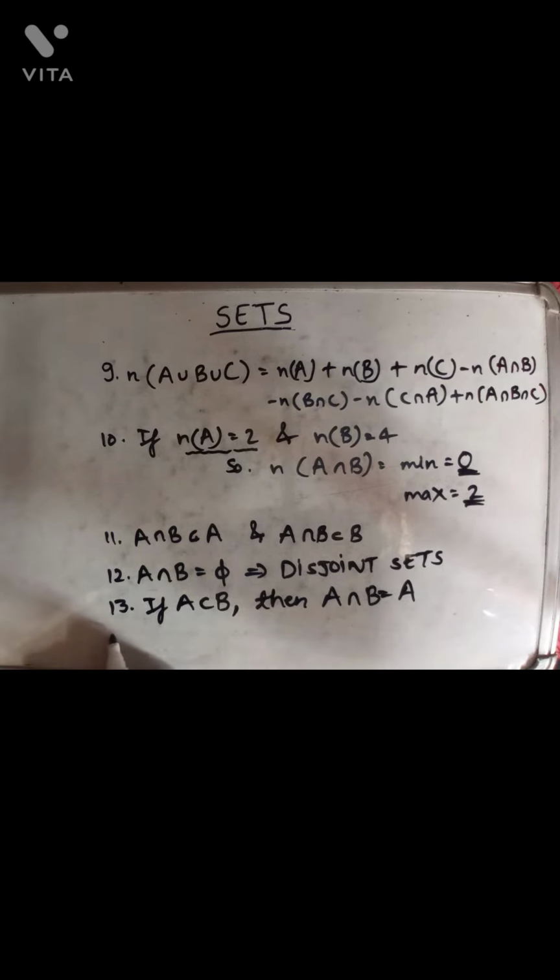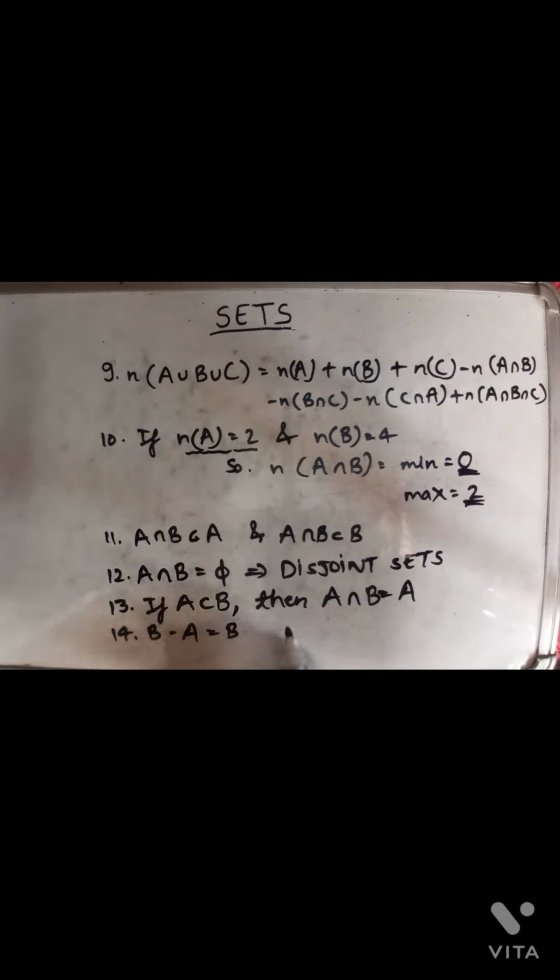Another thing to note is B minus A. It means we have to take all the elements of A out of the set B. The elements that are common in A and B, we just have to remove from B. So please note this and let's move further.